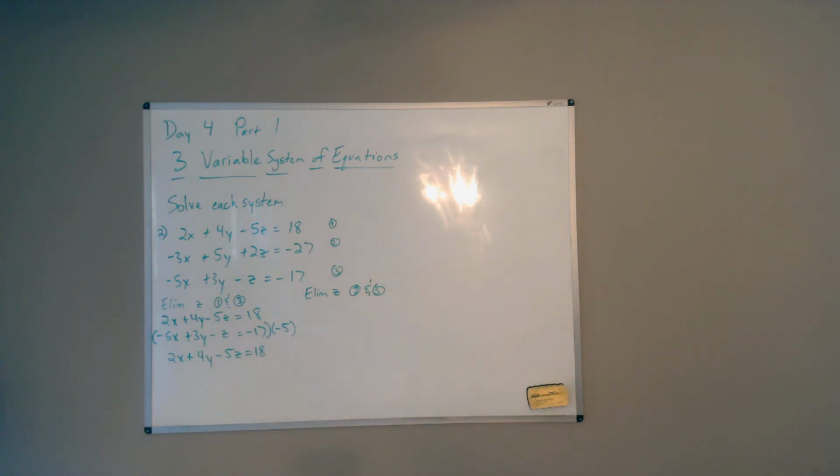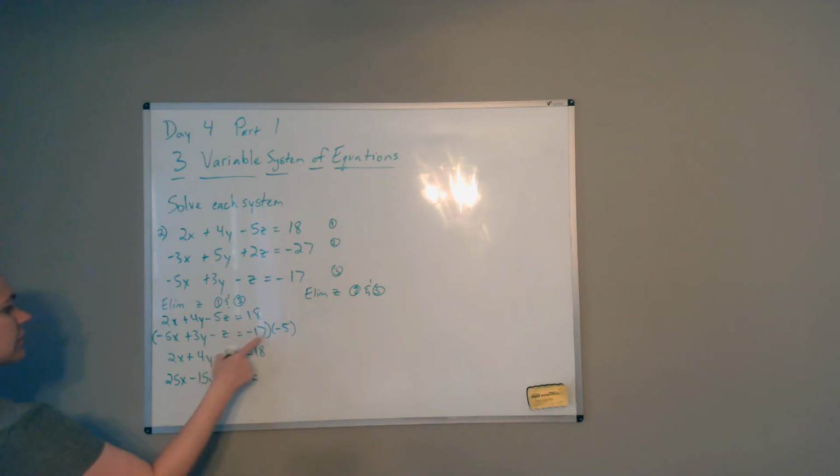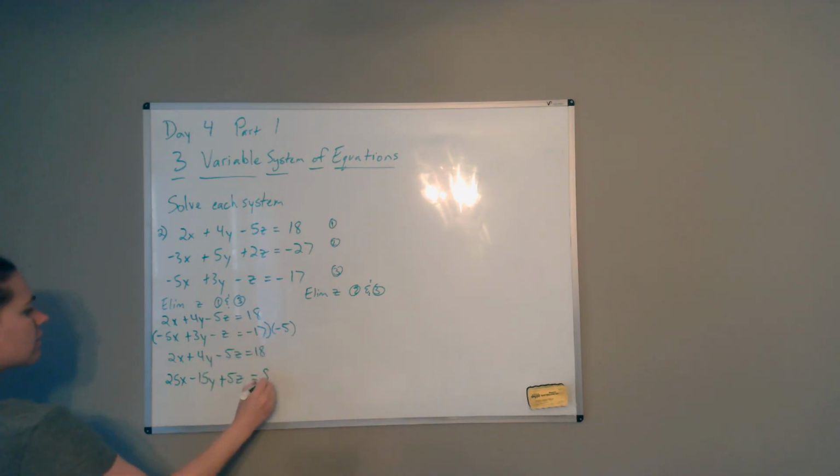And then we go through and we multiply by negative 5 every term. That's going to give us 25x minus 15y plus 5z equals negative 17 times negative 5, 85.